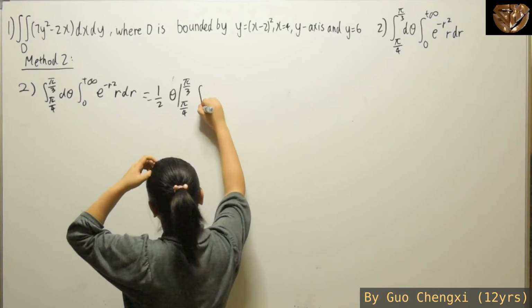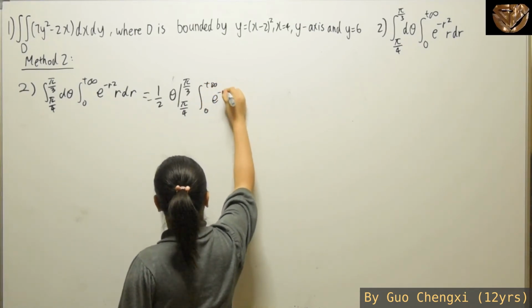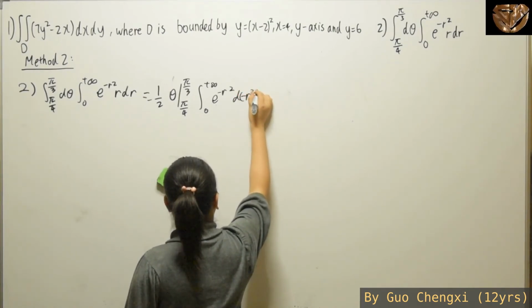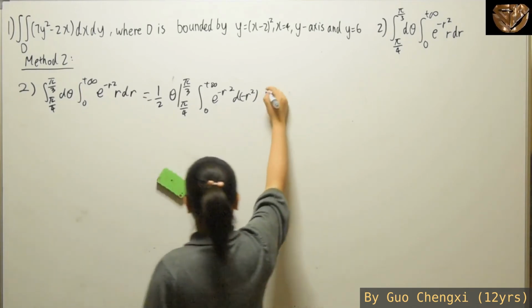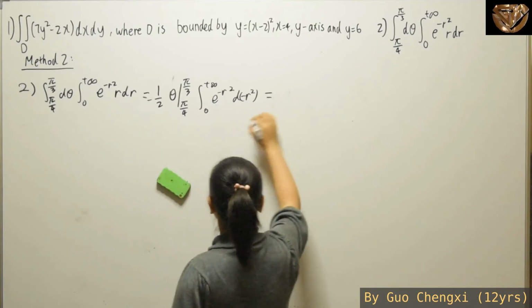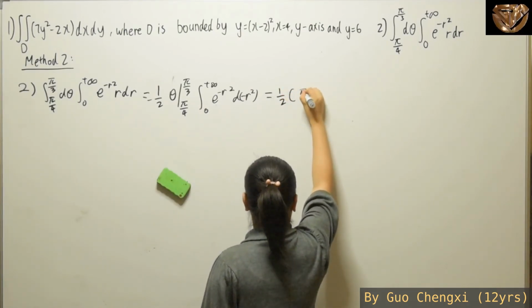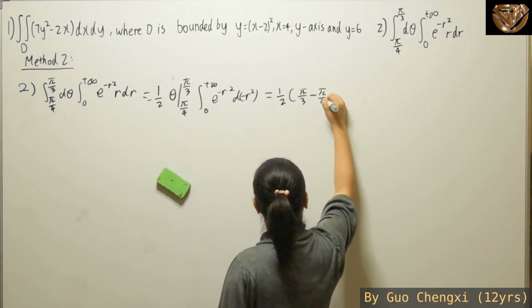And then for this part, what you're going to have is like this part. Then now that we have gotten these two parts, we can substitute the boundaries, which we are going to get pi over 3 minus pi over 4.